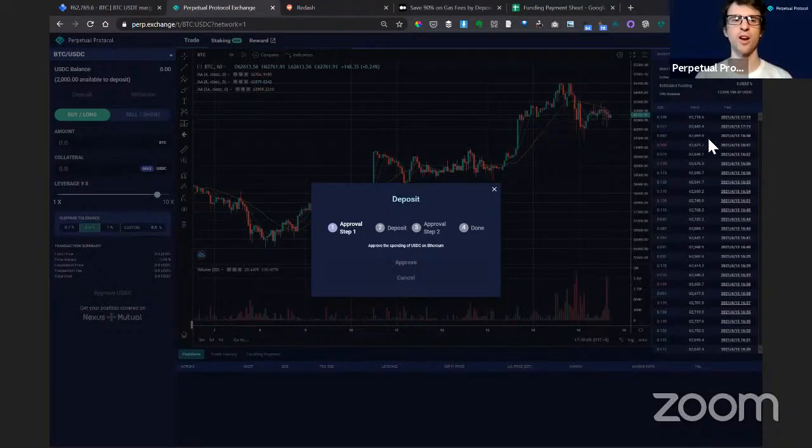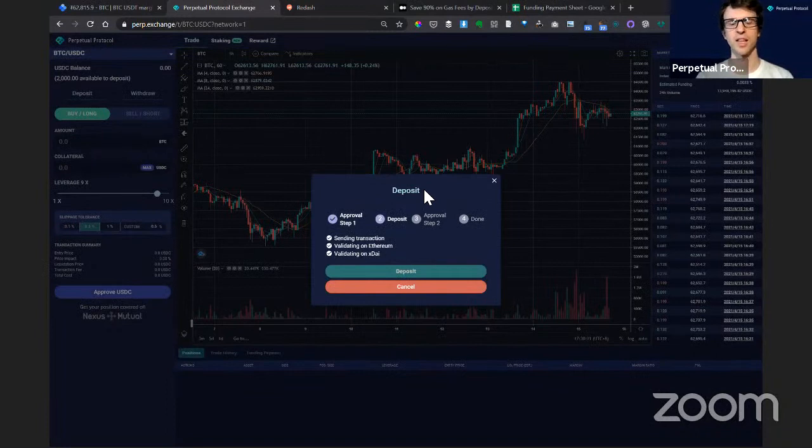So if you trade on Perp.exchange and there's a hack or a smart contract exploit, your funds will be covered up to $5 million US. There's no need for users to buy it or set it up. It's just automatically there at a protocol level for you.